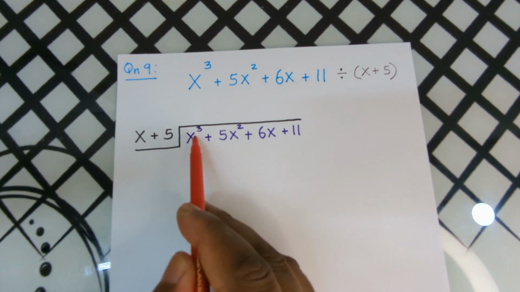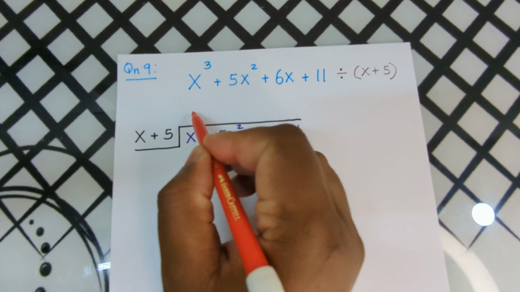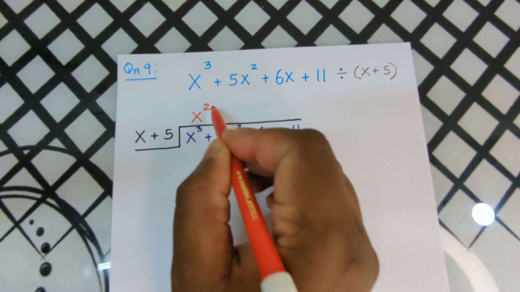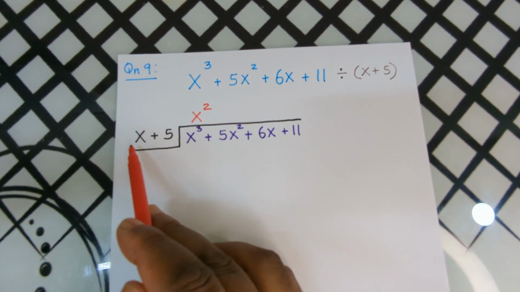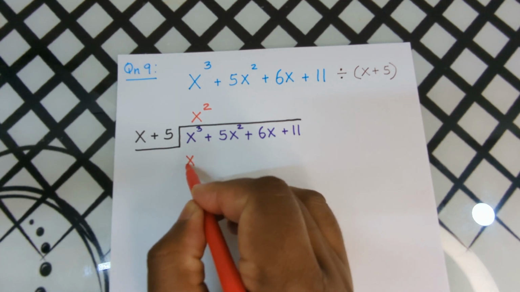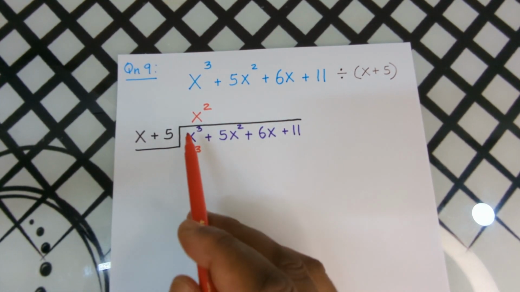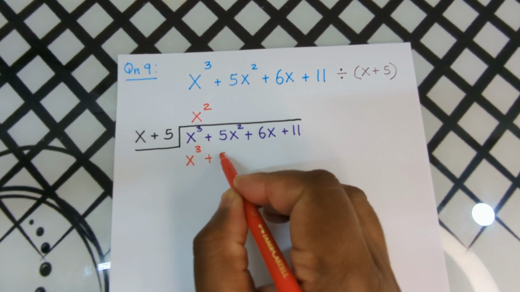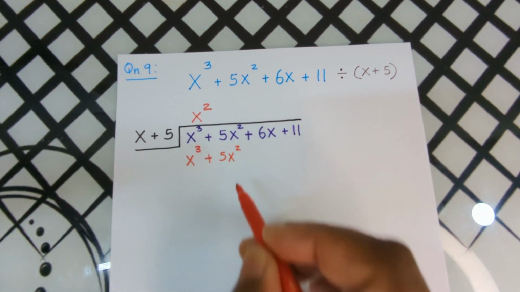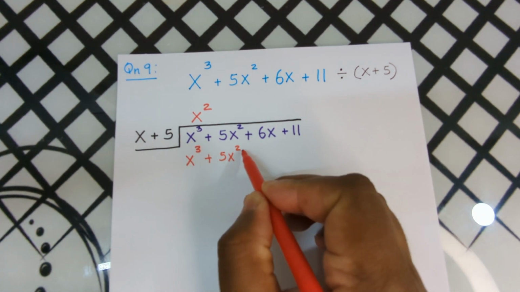So x into x to the power 3 will give me x to the power 2, and we multiply x to the power 2 by x. This will give us x to the power 3, and x squared multiplied by 5 will be 5x to the power 2, and then we subtract.